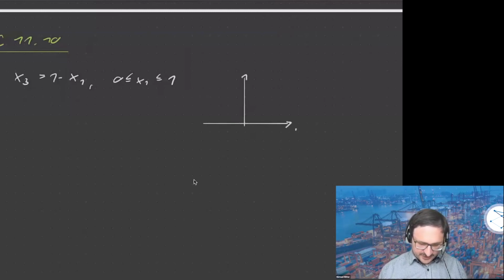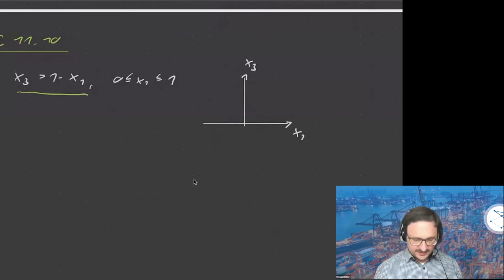So let's say this here is the x1 axis, and this here is the x3 axis. So we're looking at the x1, x3 plane now. Now this function here, x3 equals 1 minus x1. How does that look like? Well, if x1 is 0, then this function is at the value 1.